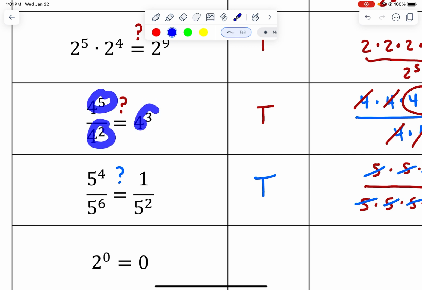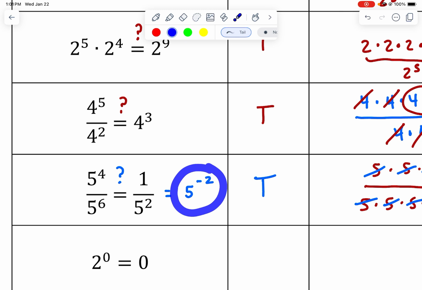So 5 minus 2 is 3. And then here, 4 minus 6, be real careful with that one. That'll give us 5 to the negative 2. So I want you to be thinking about these right here. But 5 to the negative 2 is also equivalent to 1 over 5 to the 2.